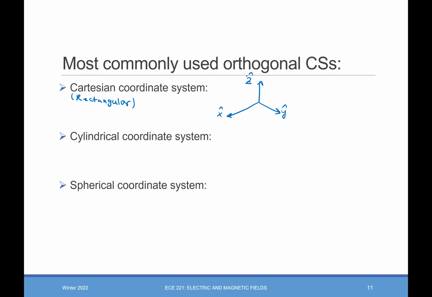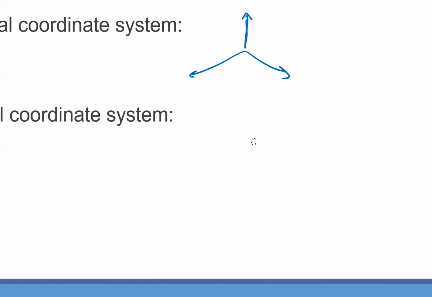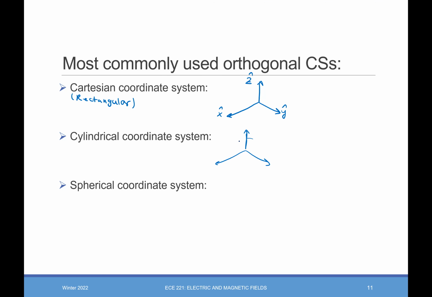In a cylindrical coordinate system, we are interested in problems where the geometry can be solved through a cylinder. And for a spherical one, as the name suggests, we are looking at a sphere. I'll go through the details of these coordinate systems next. Do you have any questions so far?